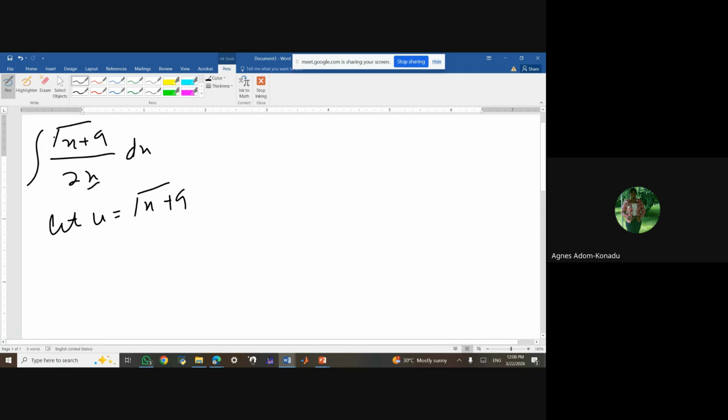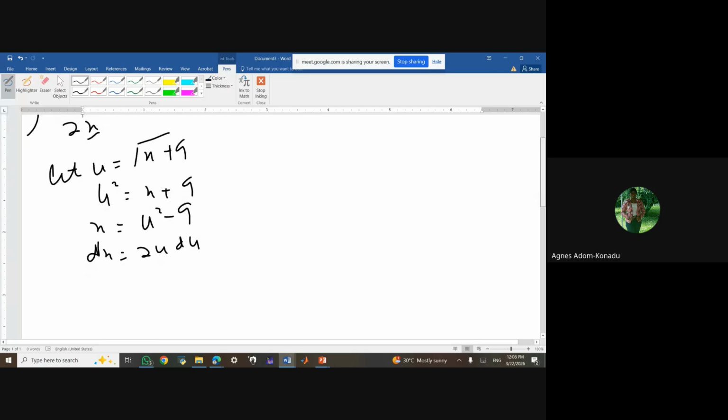Since I've changed the numerator to u, I have to change the denominator to an expression in terms of u. To make u the subject, I can square both sides, and this will be u squared equal to x plus 9. Then my x will be equal to u squared minus 9. Then I also have to change the dx to du, so dx is equal to 2u du.